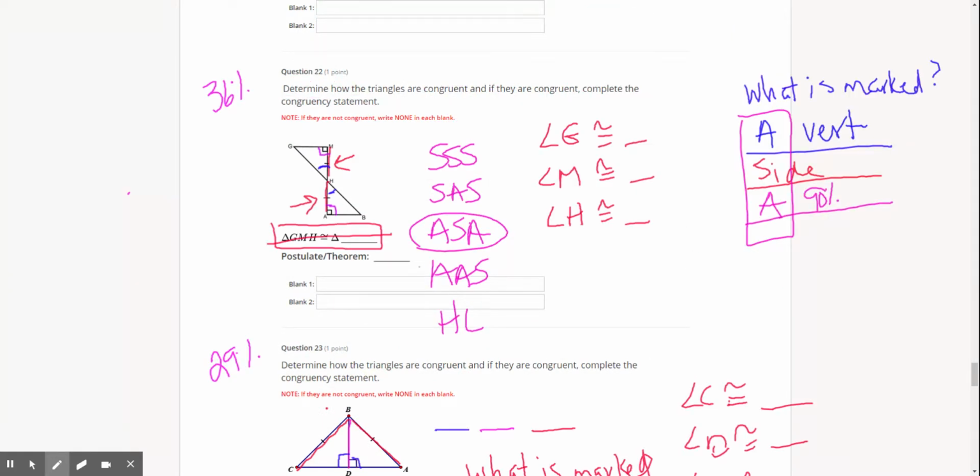So M goes with A. And B goes with G. And H goes with H because they're vertical. So GMH goes with BAH.